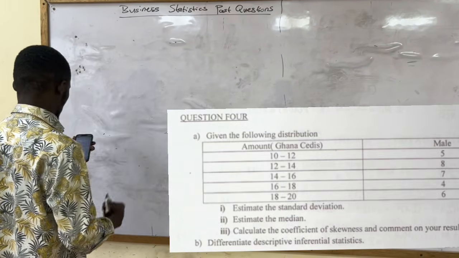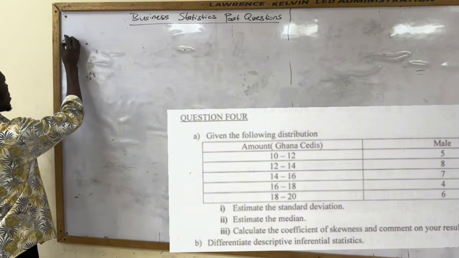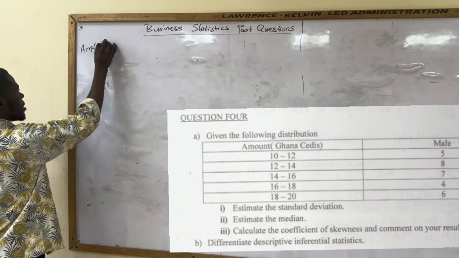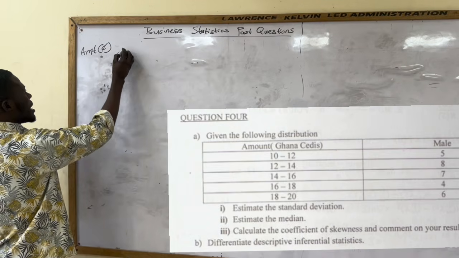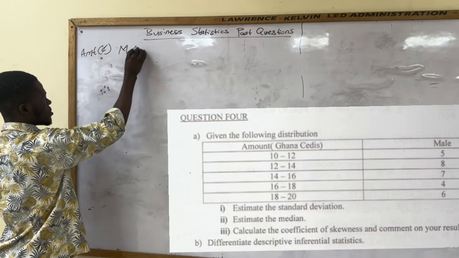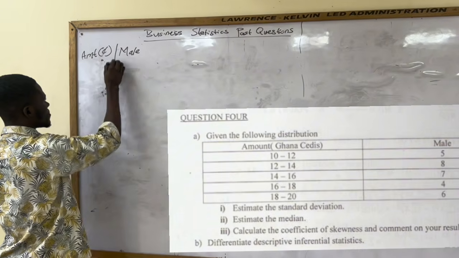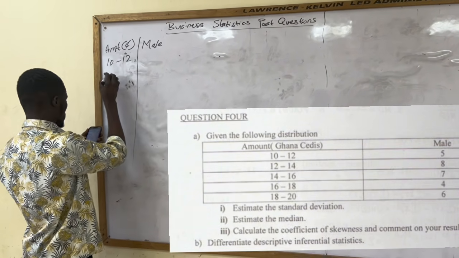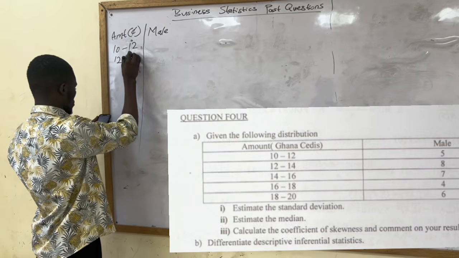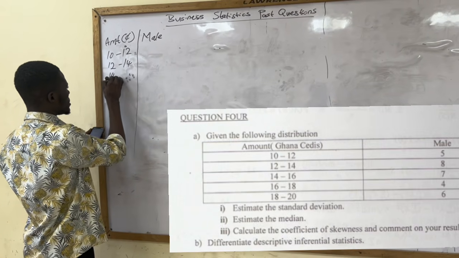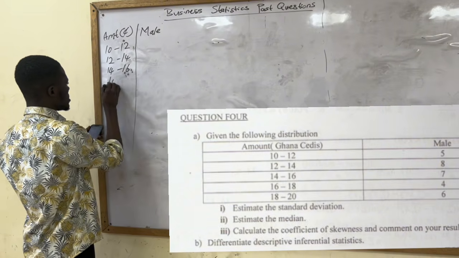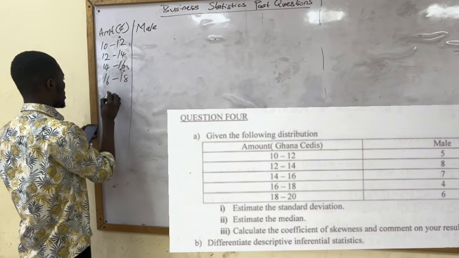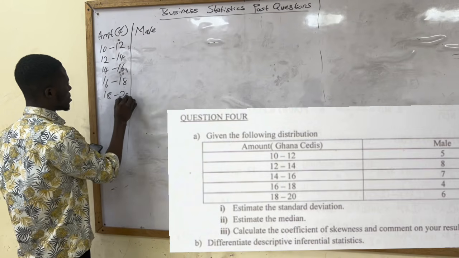Now we have a table giving amount in cities, and then we have meal. So we have 10 to 12, 12 to 14, 14 to 16, 16 to 18, then 18 to 20.